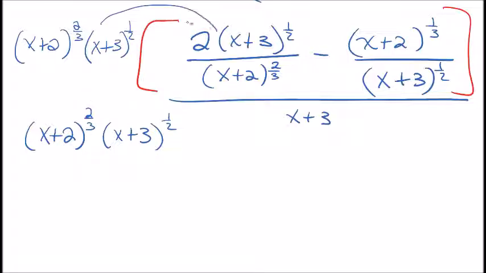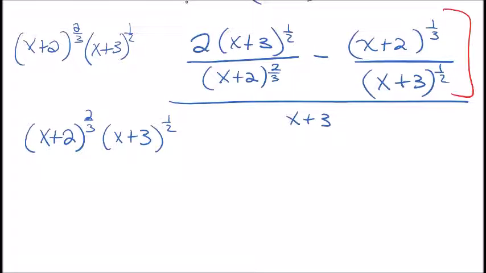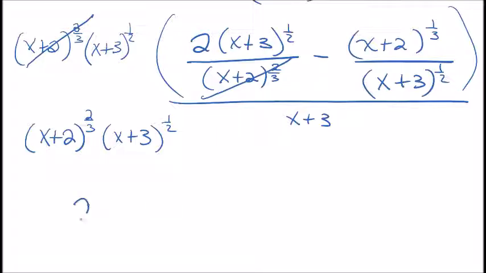Now we have to distribute this through to both those terms on top. In this first part, x plus 2 to the 2/3 over x plus 2 to the 2/3 will simplify down to 1. So when I multiply this out, I'm going to end up with 2 times x plus 3 to the 1/2 times x plus 3 to the 1/2.